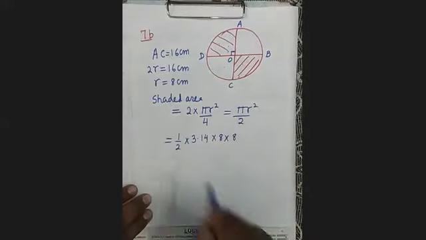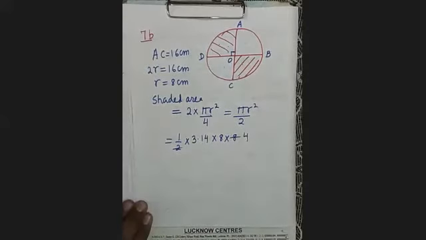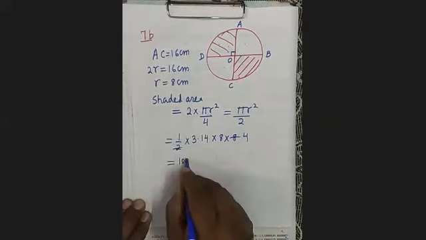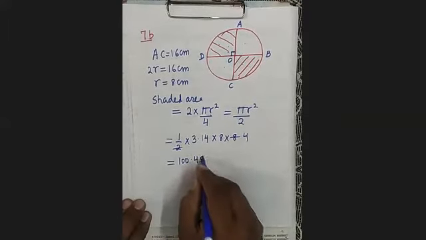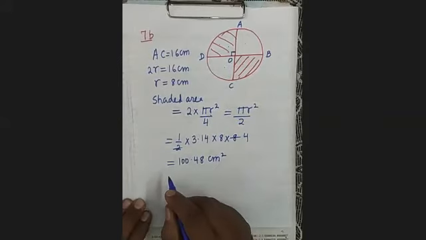R square means 8 into 8. So 2 4 ja, it will be equal to 3.14 into 32. So it is 100.48 centimeter square because it is area. It's clear.